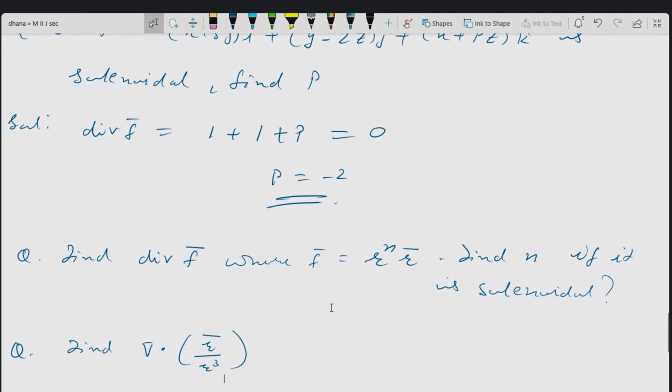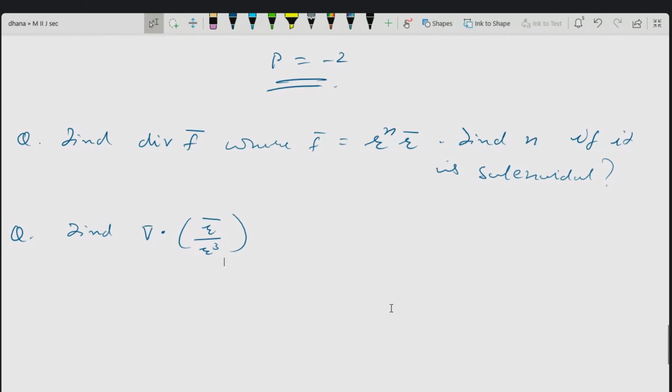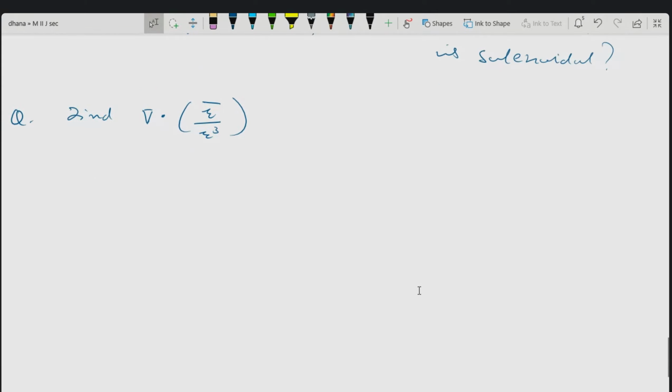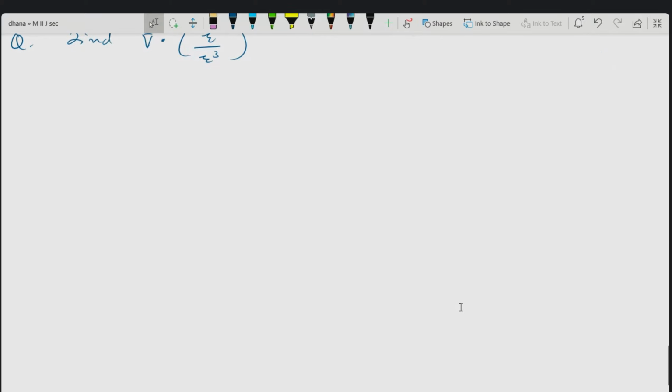Will you solve these two problems? Yes, ma'am. Okay. So I'll move to the next topic then. Note down these two problems. Written? Yes, ma'am.